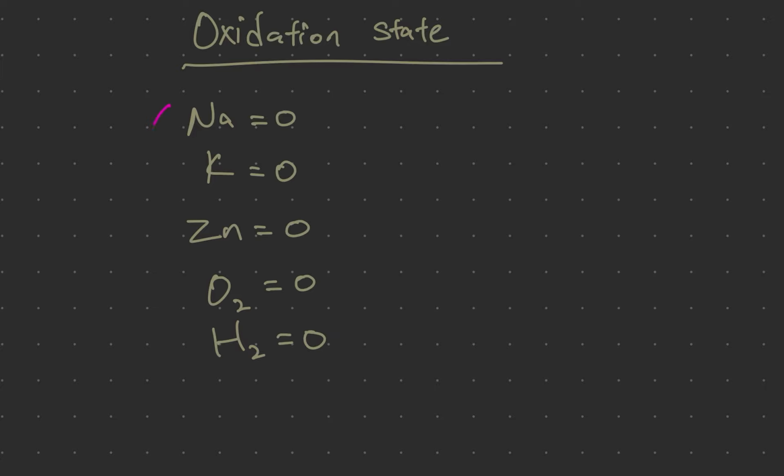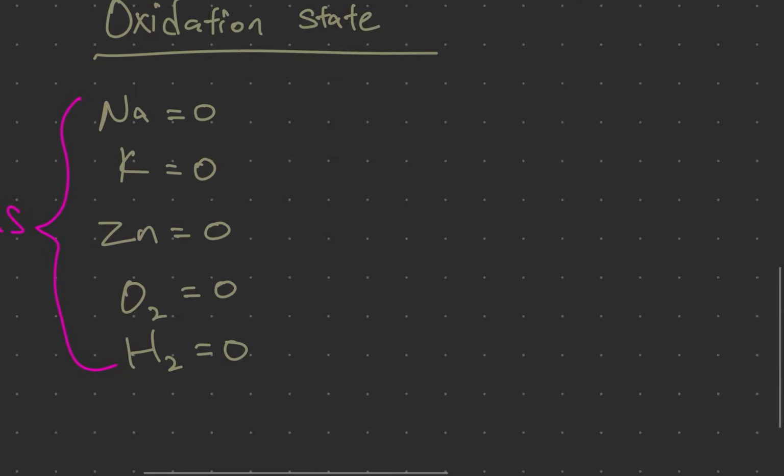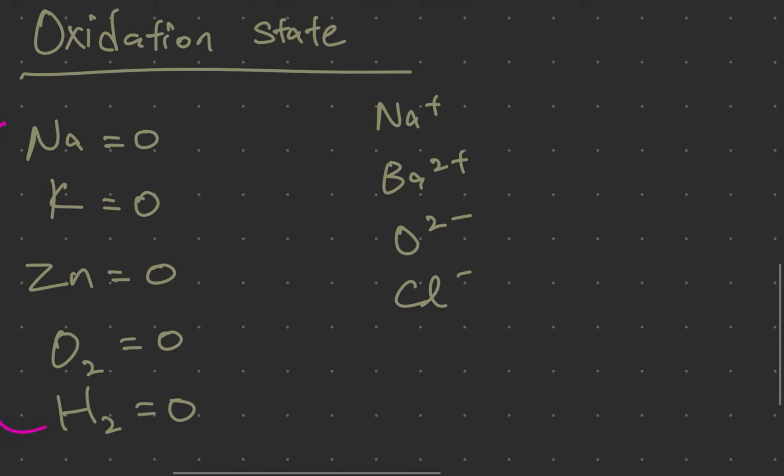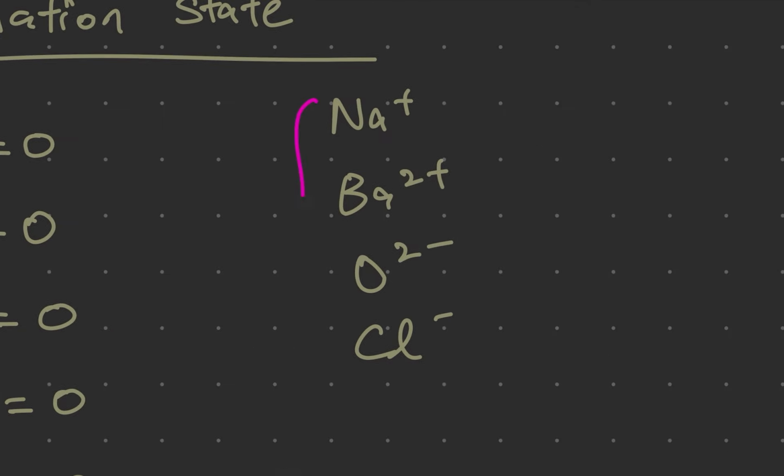Okay, these are the oxidation states. Now I'm gonna bring in some ions. So sodium ion, barium ion, let's do oxide and chloride. Alright, so we're going to talk about the oxidation state of these ions.